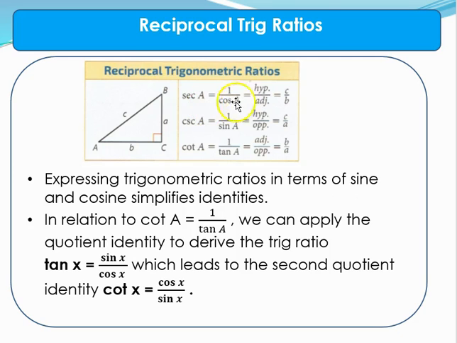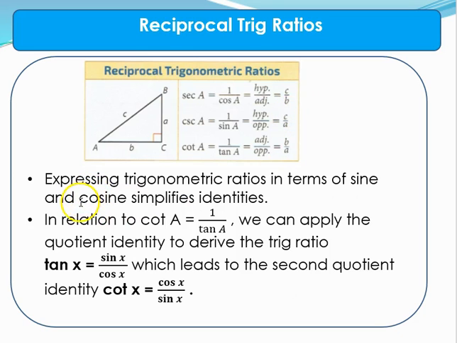Secant A equals 1 over cosine A, cosecant A equals 1 over sine A, and cotan A equals 1 over tan A. And these are simply ratios like we had with the first three trig ratios, but you'll find that each one of these ratios from the triangle are reciprocals of the originals.